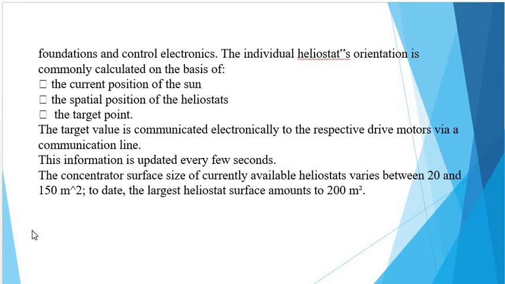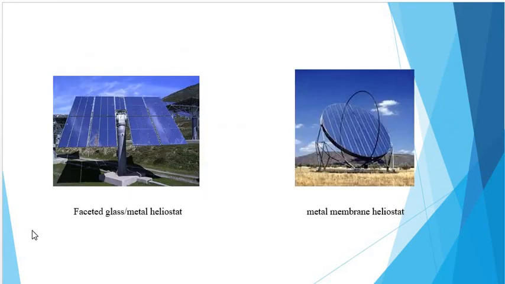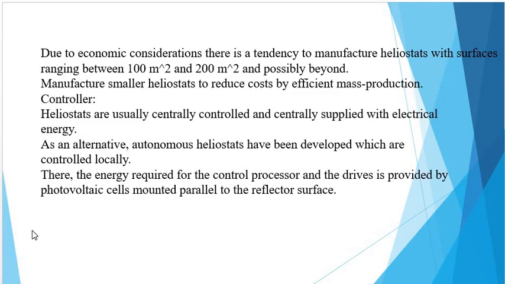The heliostat size varies between 20 to 150 square meters. The largest heliostat surface is 200 square meters. This is the structure of the heliostat which is used in the solar tower power plant. Due to economic considerations, heliostats with surfaces ranging from 100 to 200 square meters are possibly used.